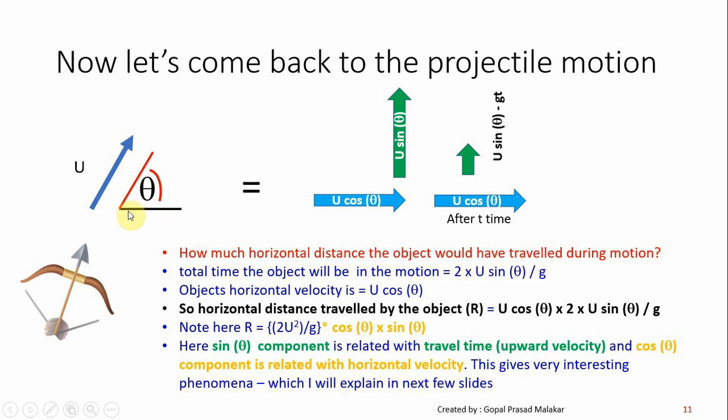The lesser the theta, the less time it will take to travel; the more the theta, the more time. In fact, it will take maximum time when theta is 90, when it is sent vertically upward. I will prove this to you once again, but before that let's understand two formulas and then I'll show you side by side what happens.